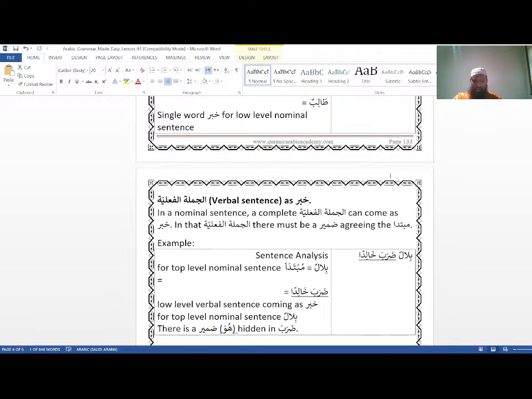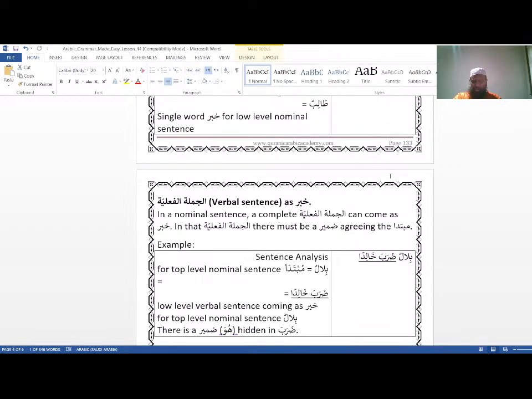Let's see, do we find any damir in the second jumla? In a nominal sentence, a complete al-jumla al-fi'liyah can come as khabar. In that al-jumla fi'liyah, there must be a damir agreeing with the mubtada.